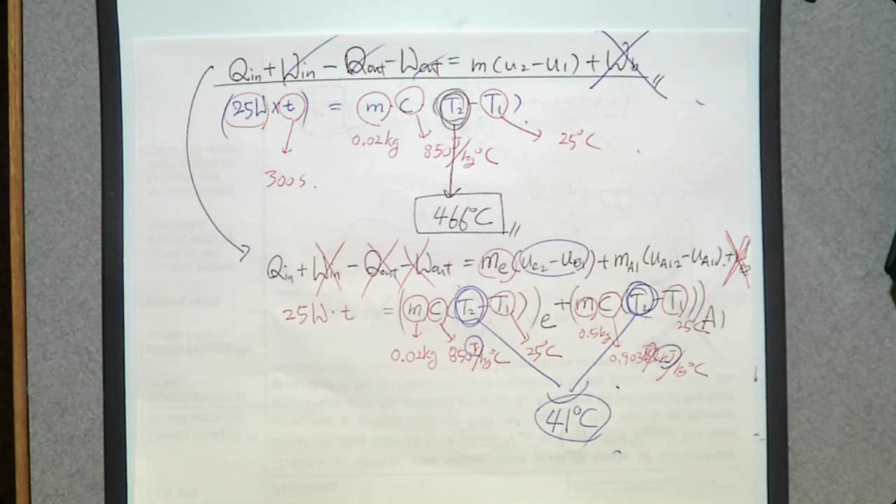What about if you want to open the shell? You will get burned because it's hot. Then the best way to do it is to wet your hands and then try to crack it. So you are actually adding a heat sink to your hands.